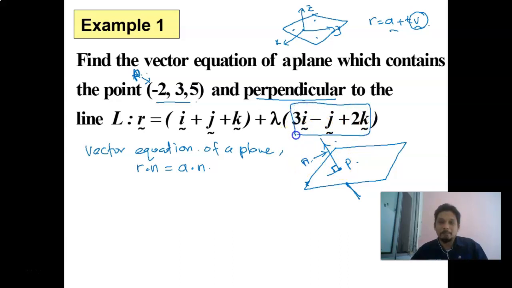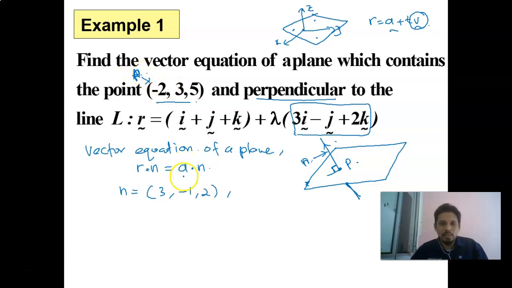For the straight line, in this case n equals 3, -1, and 2, passing through the point -2, 3, and 5.